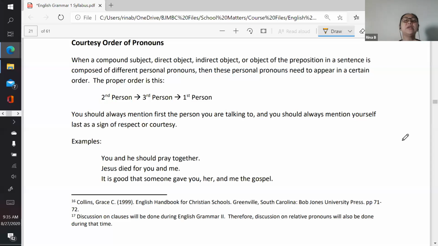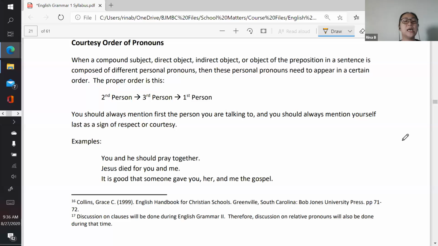the first will be who you're talking to. So Jesus died for you and me. You do not say Jesus died for me and you. Third example, it is good that someone gave you, her, and me the gospel. You cannot say, it is good that someone gave her, you, and me the gospel.